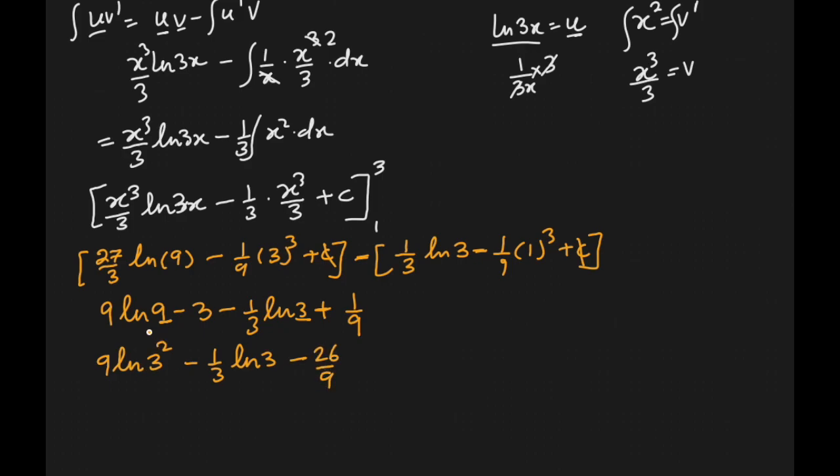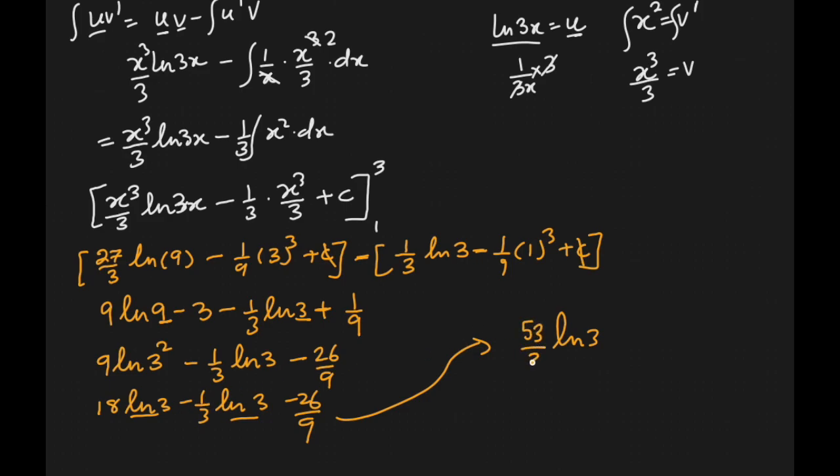Now this 2 will come in front and becomes 18 natural log 3 minus 1/3 natural log 3 minus 26 over 9. Since both of them are natural log 3, this becomes natural log 3 times 18 minus 1/3, which will be 54 minus 1, 53 over 3, and minus 26 over 9.